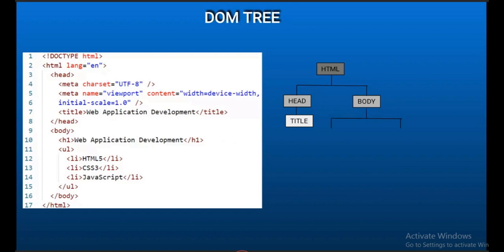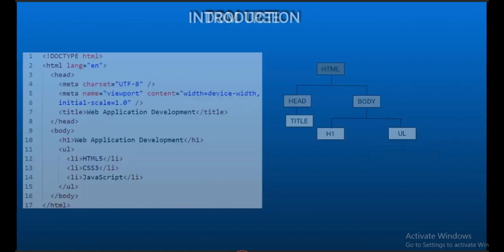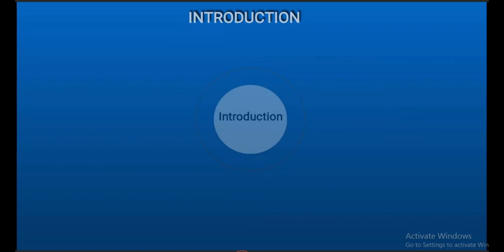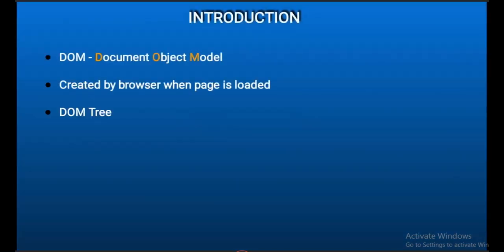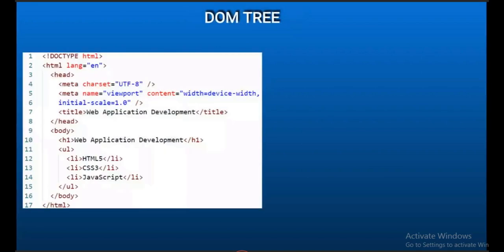ul stands for, as you know, unordered list. We can see list items. Three list items are given: HTML5, CSS3 and JavaScript. So inside that ul we can see three elements. Our entire document tree is the DOM tree.